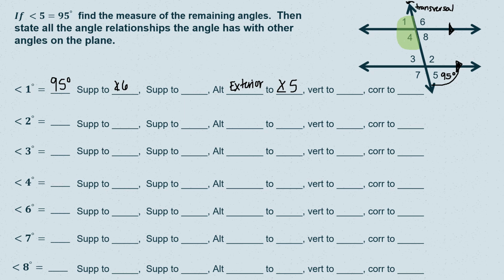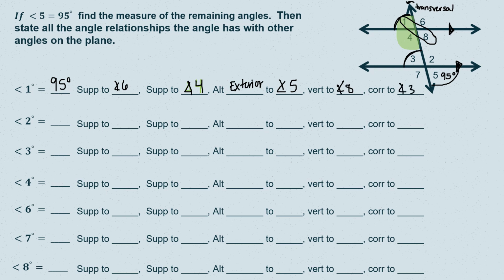So angle 1 is supplementary to angle 6, and it's supplementary to angle 4. We've already said it's alternate exterior to angle 5, and it's vertical to angle 8, and it corresponds to angle 3, okay?